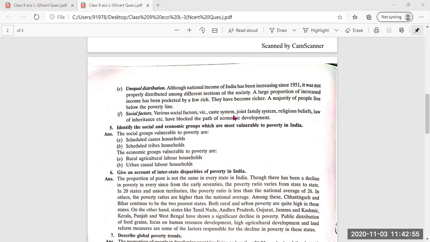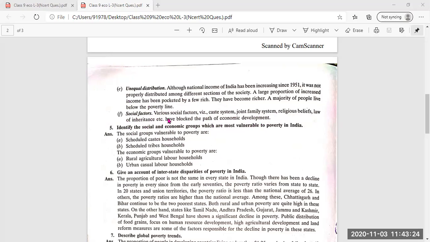Various social factors like caste system, joint family system, religious beliefs, laws of inheritance, etc., have blocked the path of national development also. Many people are engaged in religious beliefs, religious traditions, fulfilling customs and traditions, festivals, and so much money is spent on festivals.